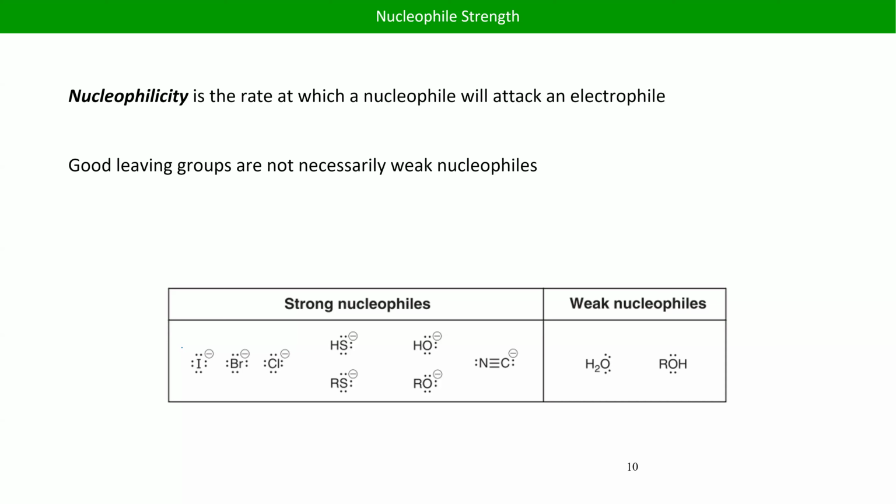And so our strong nucleophiles are basically anything with a negative charge is a reasonably strong nucleophile, because if it has a negative charge, it's got electrons. In fact, it has extra electrons.